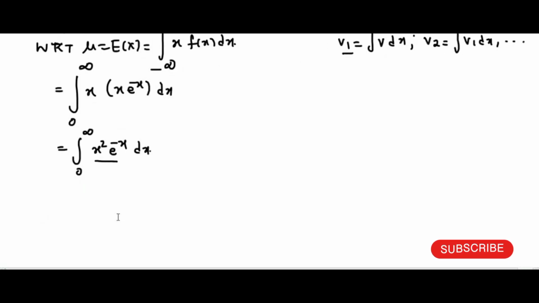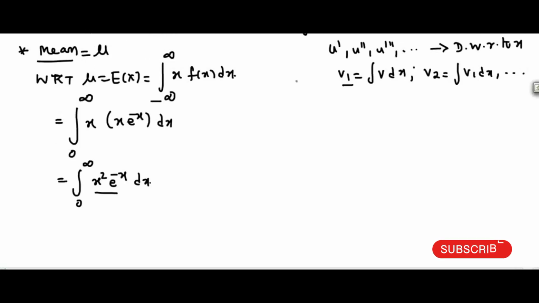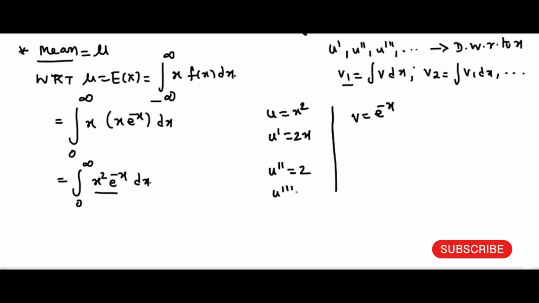Here we consider u as x square and v as e power minus x. First we find the derivative terms of x square: u dash equals 2x, u double dash is 2, and u triple dash is 0, so hereafter we get 0. Coming to v1, what is the integration of e power minus x into dx?